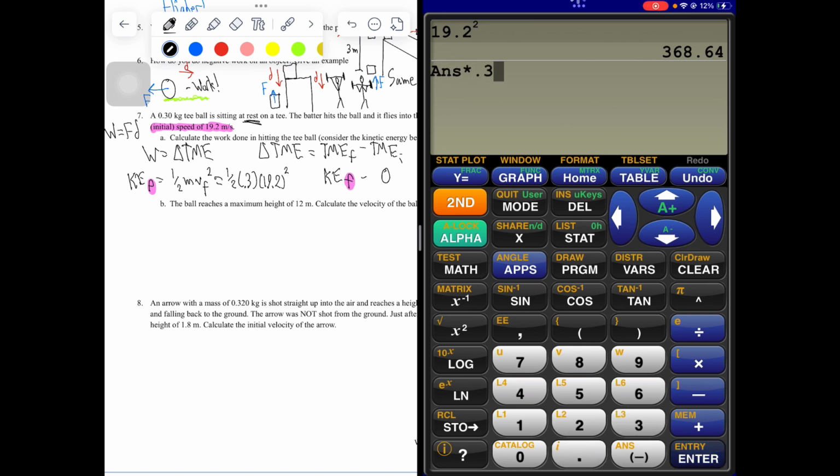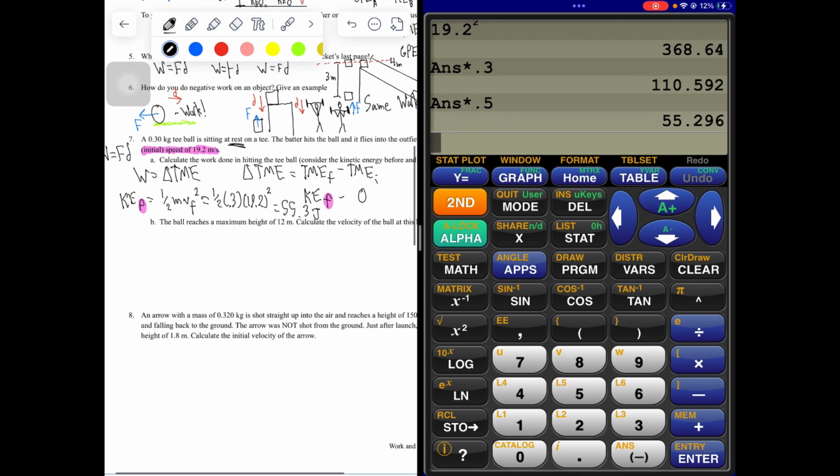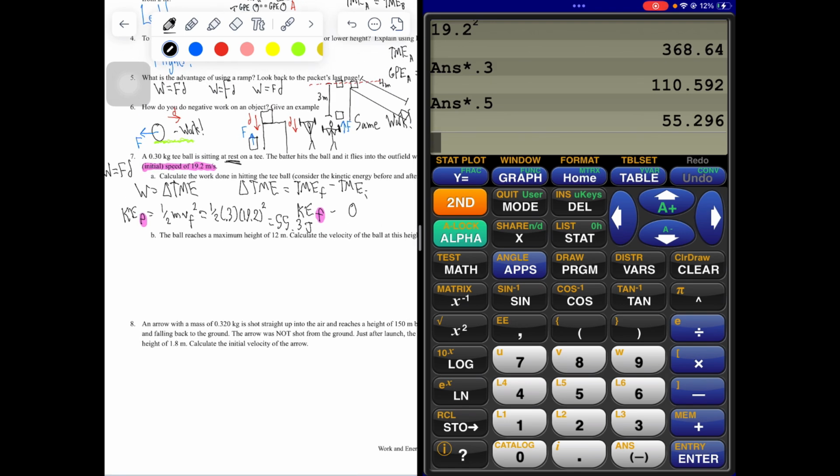Then let's multiply by our 0.3, multiplying by 1/2. And we get the kinetic energy, 55.3 joules, rounded. What we're saying is that is the energy that the baseball has gained right after it's hit. So right after it's hit, that's how much kinetic energy the object has.